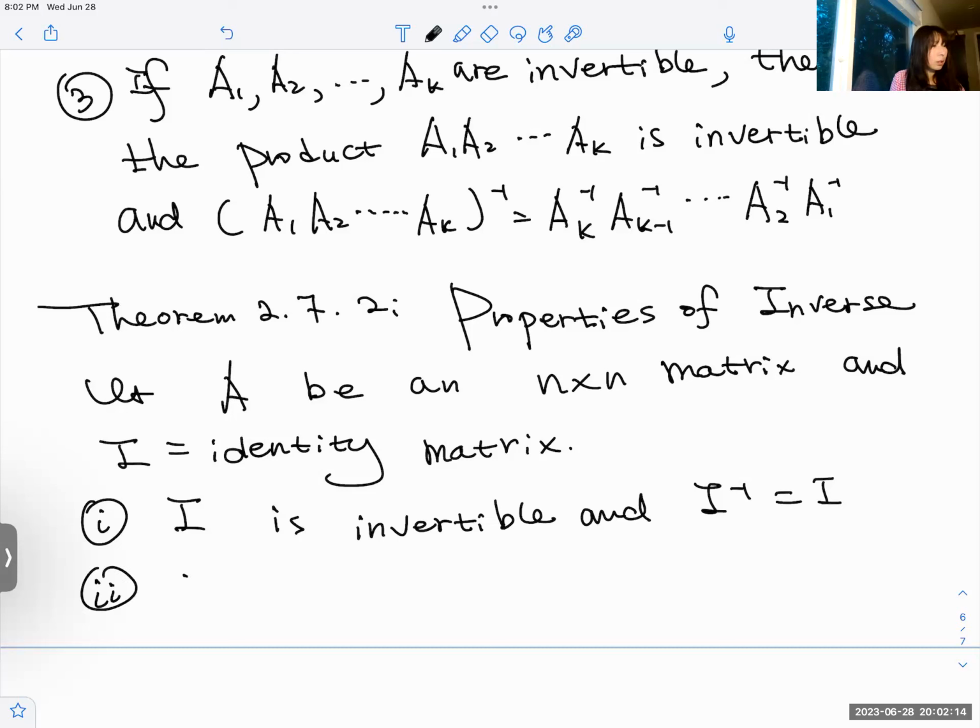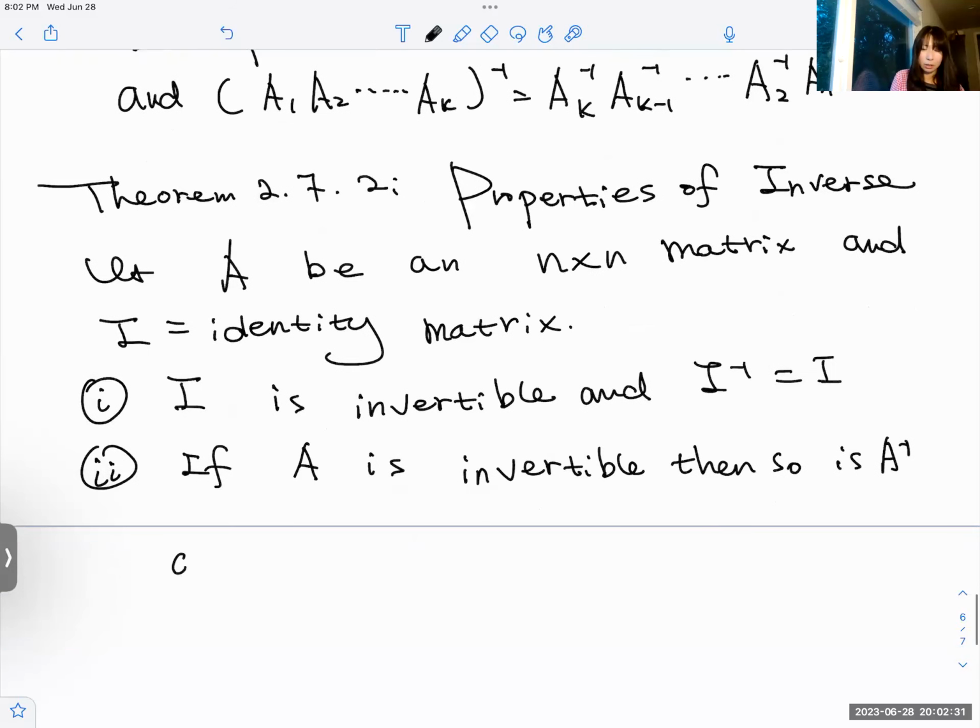Second one, if A is invertible, then so is the inverse of A, and the inverse of the inverse of A equals A, right? You can say that.